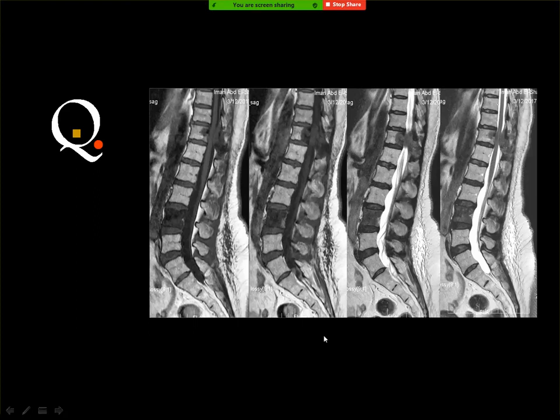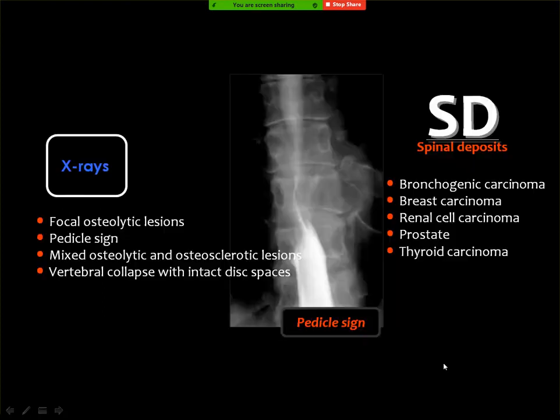Then the multiplicity of the lesions is in the differential diagnosis of three: metastasis, lymphoma, and myeloma. Then if you see lesions of variable size, meaning one small lesion and one big lesion involving the whole vertebra, you favor the possibility of metastasis.